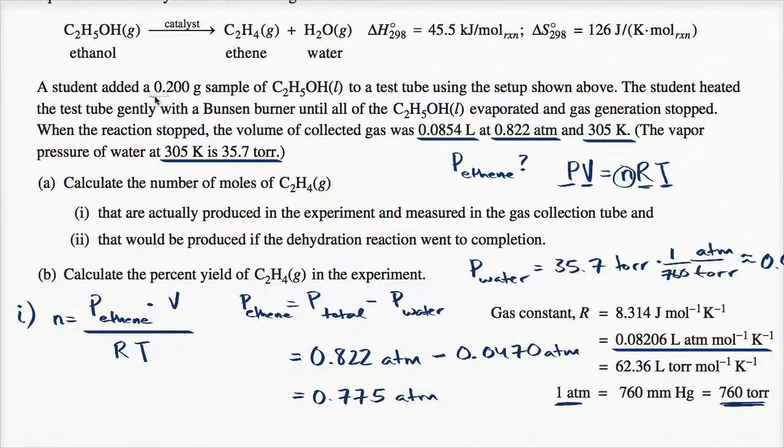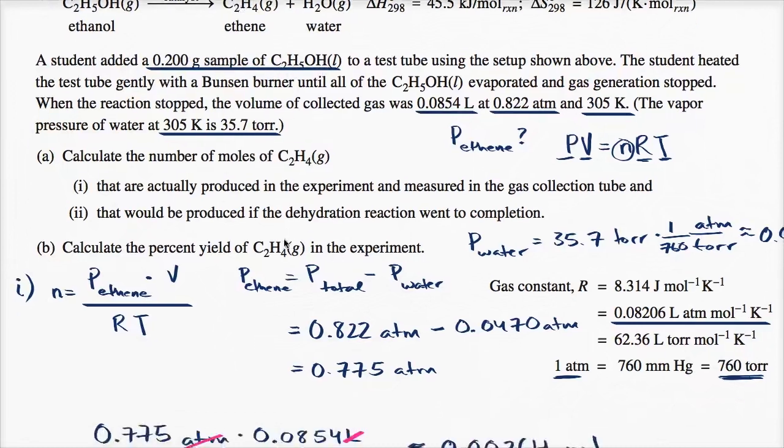So if we figure out how many moles of ethanol that is, well, if the dehydration reaction goes to completion, for every mole of ethanol that we start with, we're going to have a mole of ethene and a mole of water. So if we can just figure out how many moles of ethanol this is, then if this were to completely react, we would have that many moles of ethene. So let's figure this out.